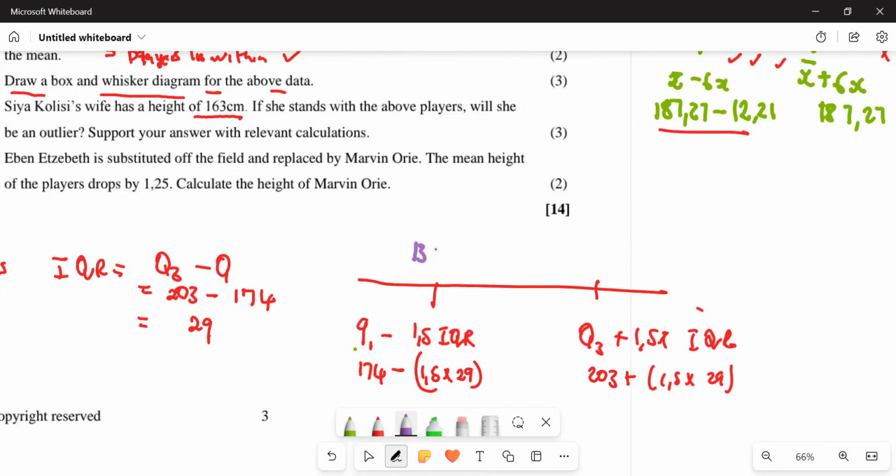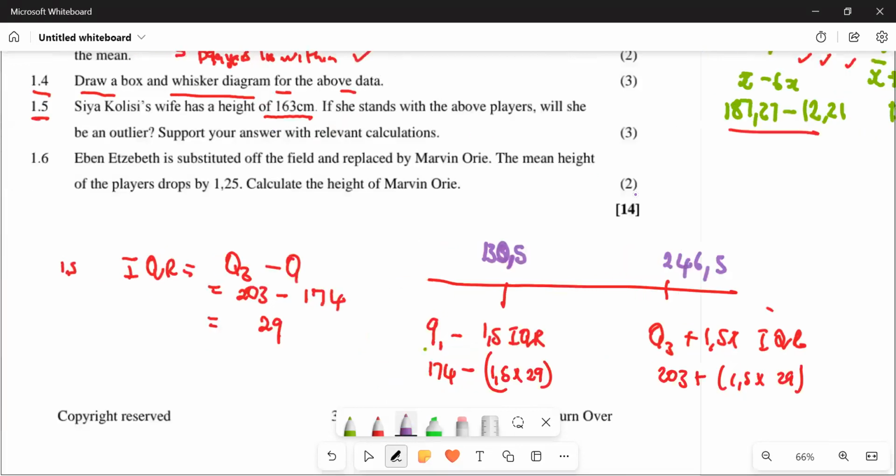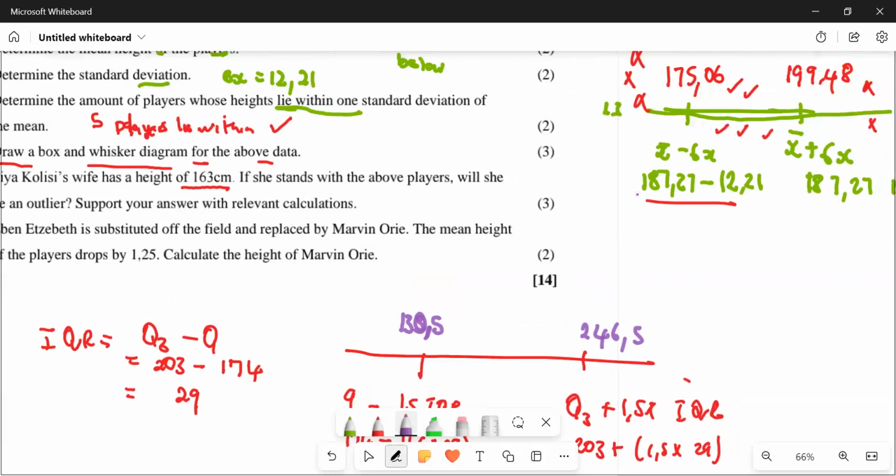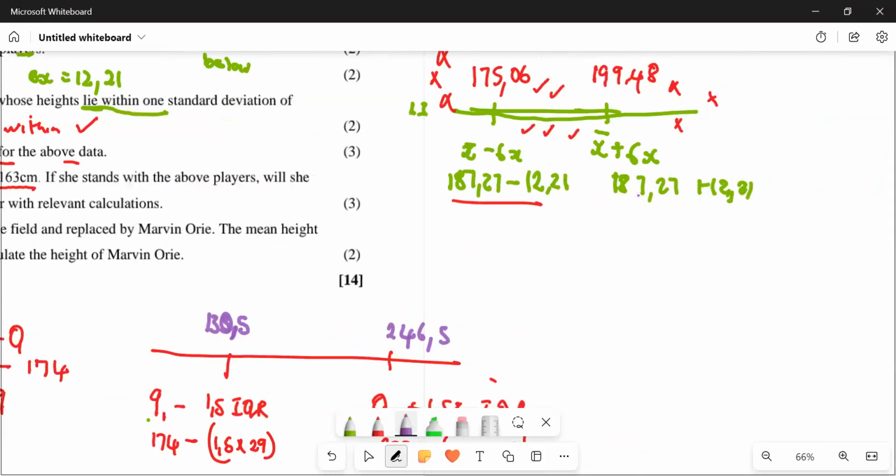What is the minimum value that you can get? 130.5. Okay. What do we get as the upper quartile? 246.5. And then they say, if she stands with the above players, which ones are the above players then?